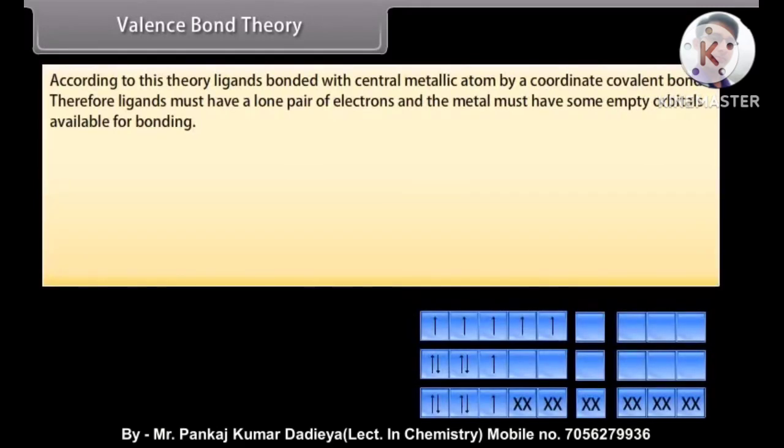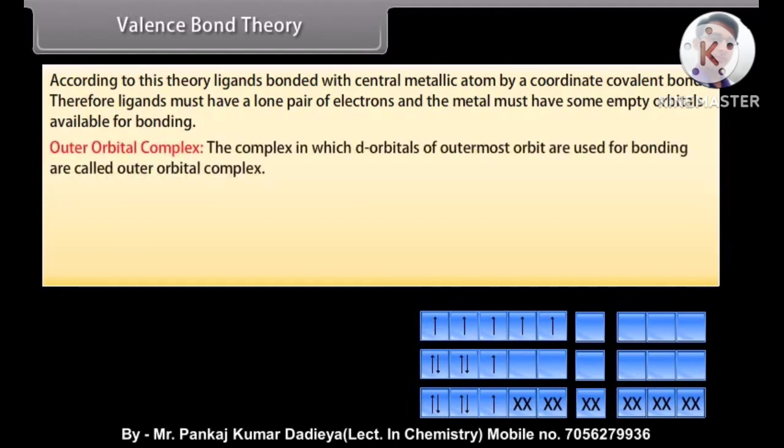According to this theory, ligands bonded with central metallic atom by a coordinate covalent bond. Therefore, ligands must have a lone pair of electrons and the metal must have some empty orbitals available for bonding. For example, the formation of K4[Mn(CN)6] can be explained on the basis of valence bond theory.